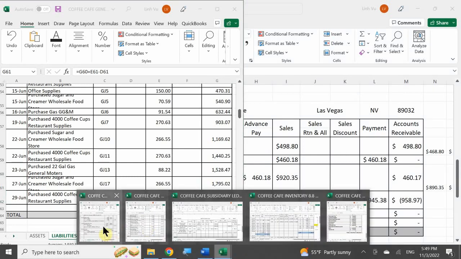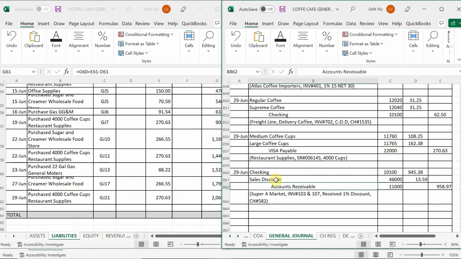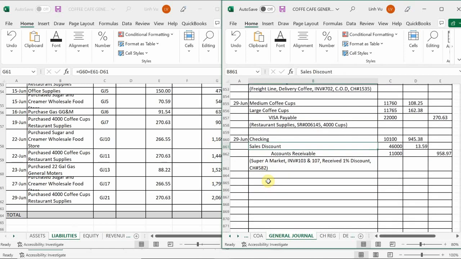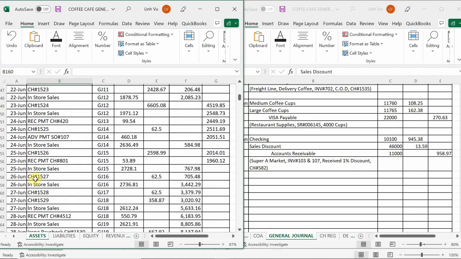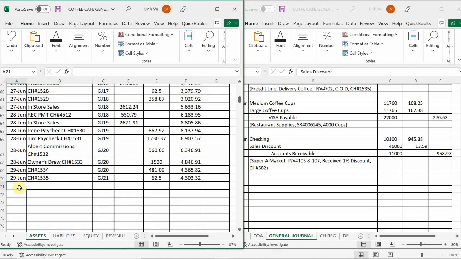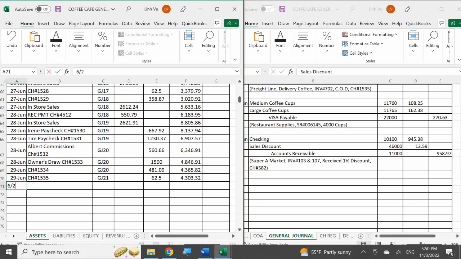Starting with my checking account. Because I received a check, again, receive payment, check number 582, journal number 21 for $945.38.